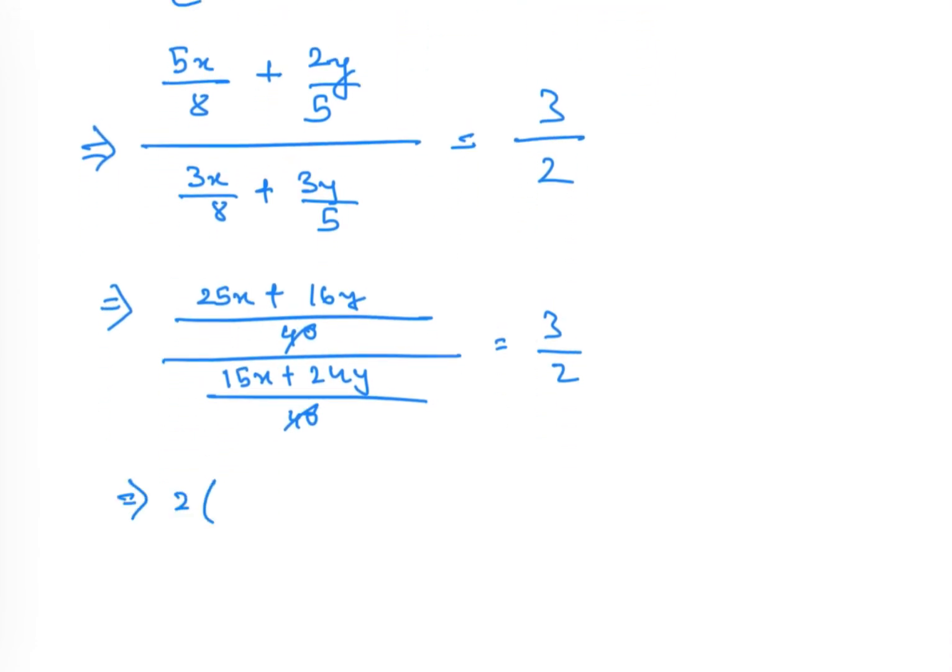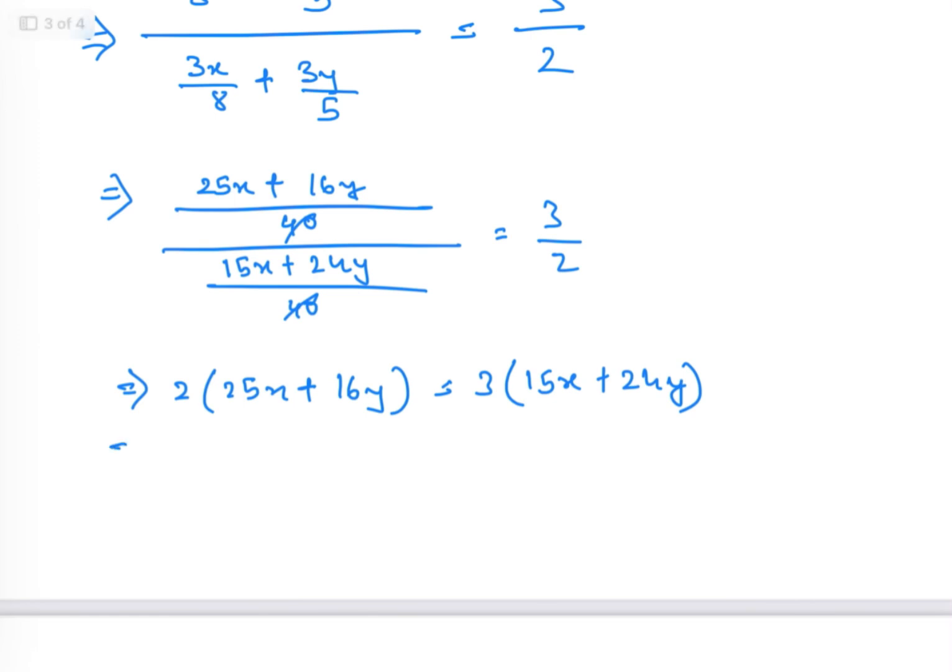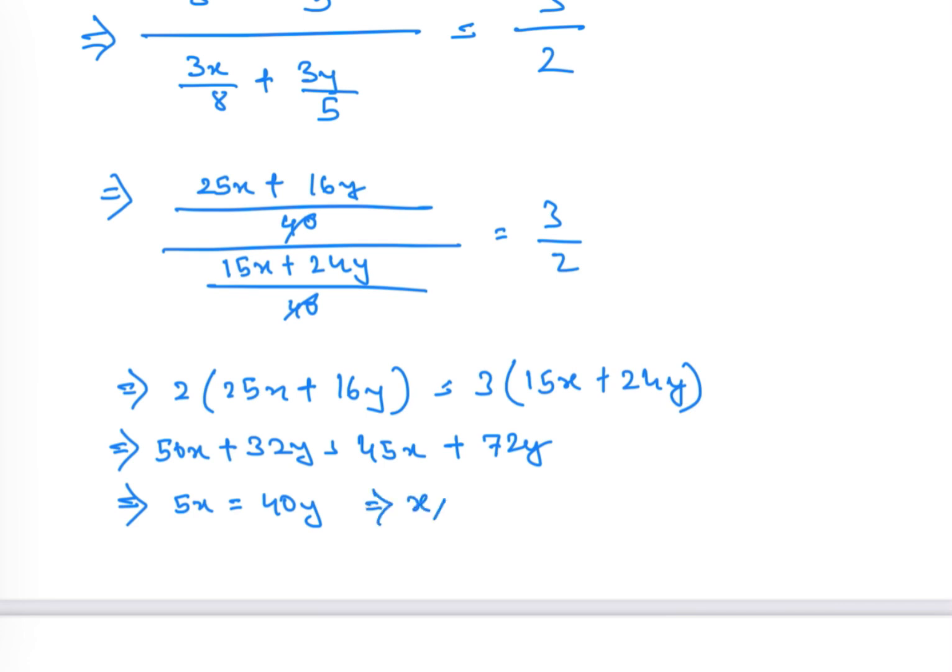Now it will be 2 into 25x plus 16y, equal to 3 into 15x plus 24y, or we can write it 50x plus 32y is equal to 45x plus 72y, or from here we can write 5x is equal to 40y, or x by y will be 8 by 1, so the alloys shall be mixed at 8:1 ratio.